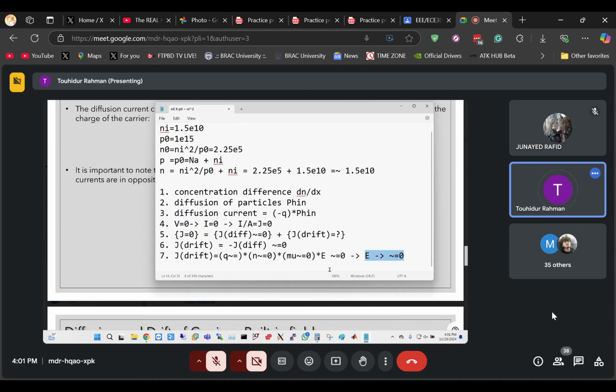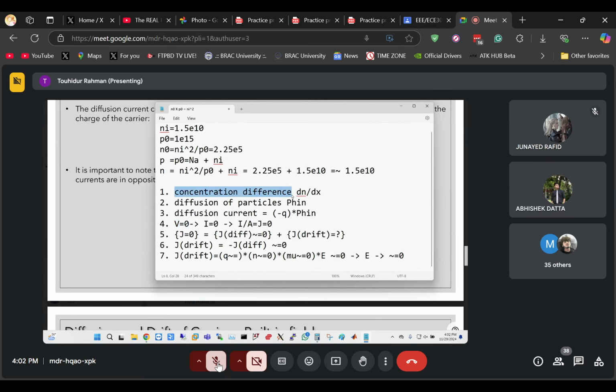What are the initial conditions for this derivation? Do we have any initial condition? Yes, sir. No voltage source and a concentration difference. Right.